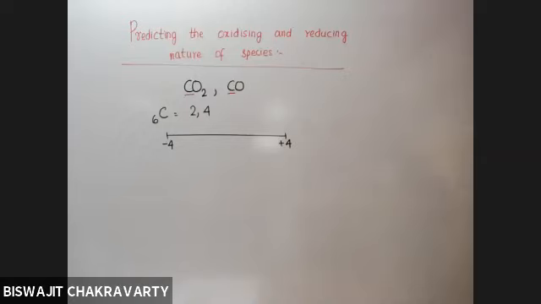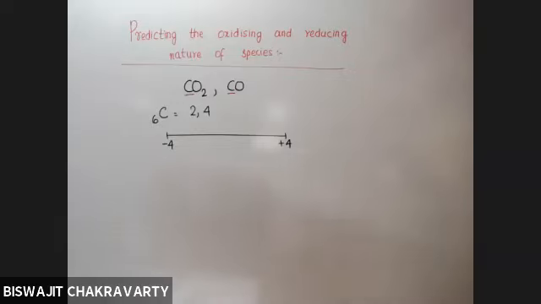In HNO3, nitrogen shows the maximum oxidation state of +5, and therefore it can only gain electrons, acting as an oxidizing agent only. But in HNO2, nitrogen shows an oxidation state of +3, which is intermediate between the highest and lowest. Therefore, in HNO2, the nitrogen can both gain and lose electrons, making HNO2 both an oxidizing agent as well as a reducing agent. Understood? Yes, sir. Okay, fine.